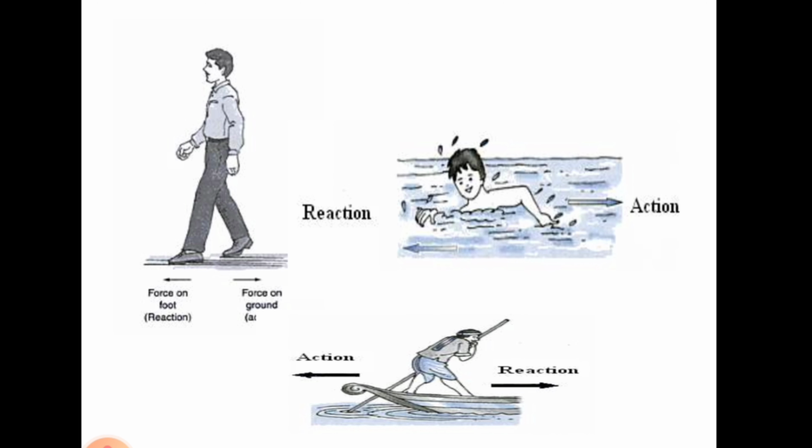When a person jumps out of a boat, what will happen? He pushes the boat in the backward direction, and the boat exerts an equal force on the person in the forward direction. So when a person jumps out of a boat, the boat moves backward. So here also there is action and reaction.